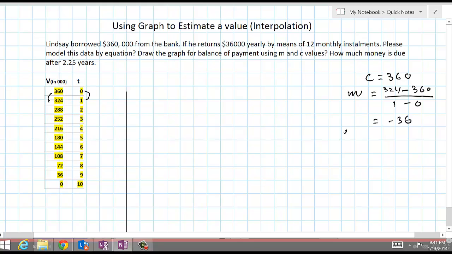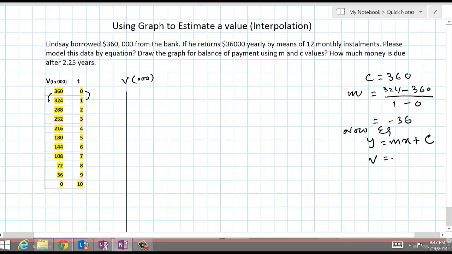Now, equation. What is the equation? Equation is y is equal to mx plus c, where y is the dependent variable, which is v in this case, because v is the value of money in thousands. So what is m?